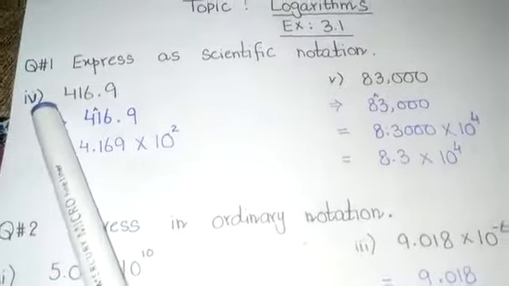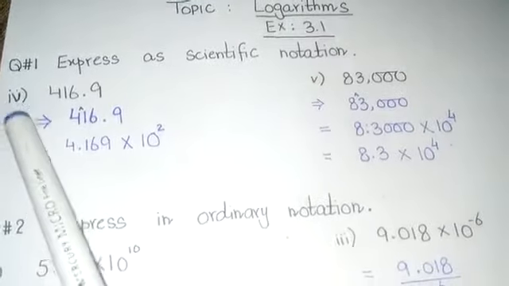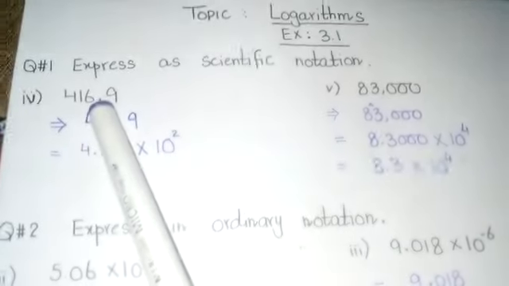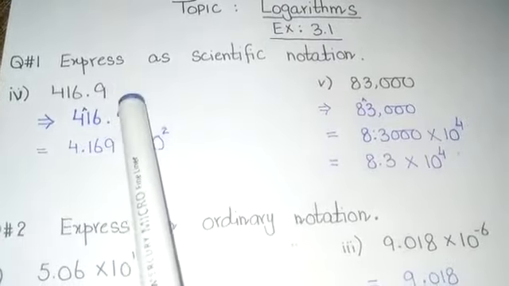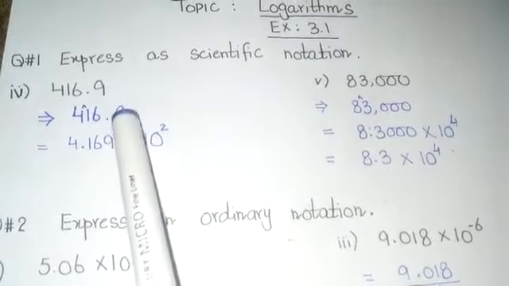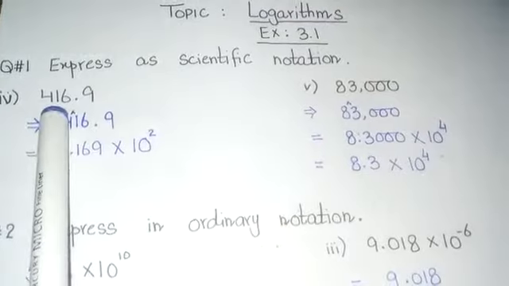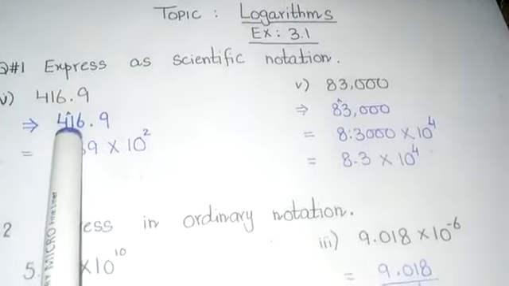First, we have to do the fourth part of question number 1. So the fourth part is 416.9. The number in this form is called ordinary notation. So for this, we will write the question again and we will put a small cap after the first digit.